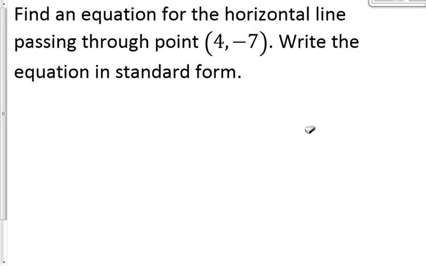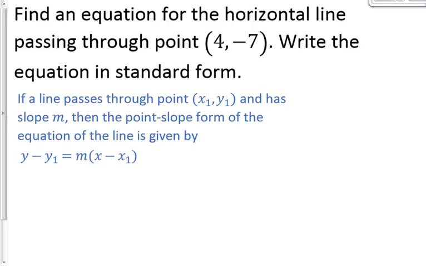Well, a horizontal line has slope 0. All horizontal lines have slope 0. And that's the information I need. So then I can use point slope form again. I know slope is equal to 0, and I'm just going to plug everything I know in. X1 is 4 and Y1 is -7.